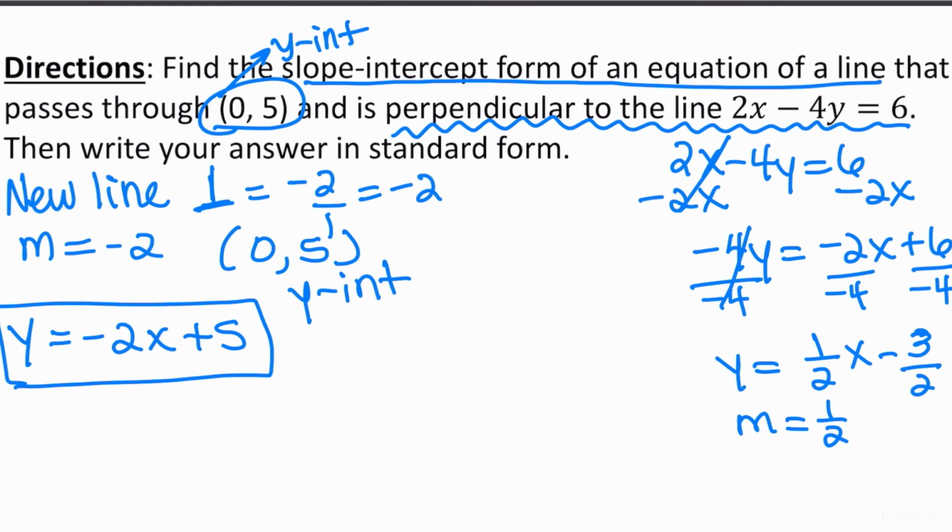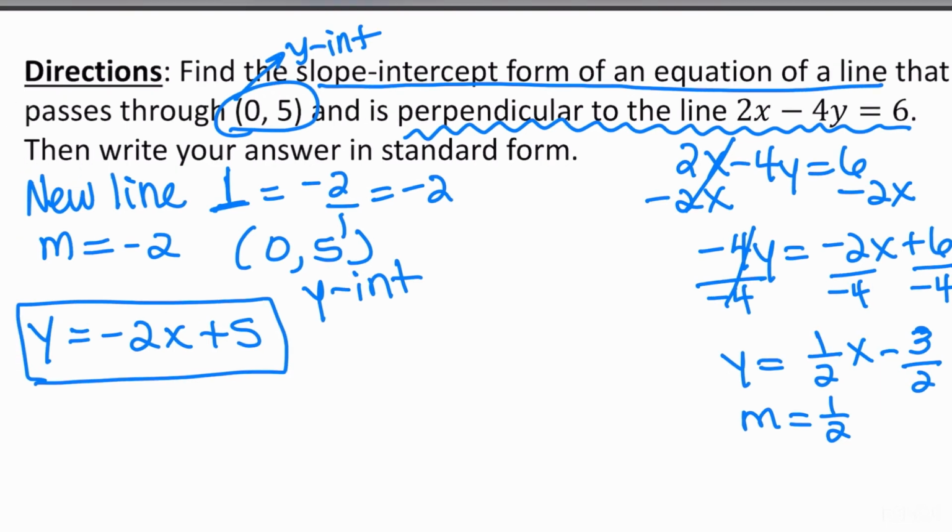In order for us to rewrite this in standard form, remember there are 3 requirements. No fractions or decimals, which is awesome. We don't have fractions or decimals here. The x has to be positive, which it isn't right now. It's negative 2x. And the x and y have to be together on the same side. So I'm going to fix these 2 problems simultaneously.